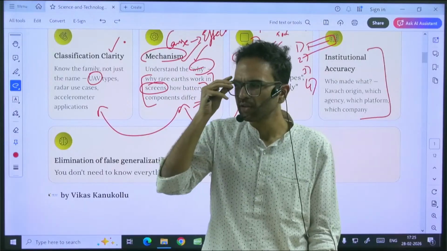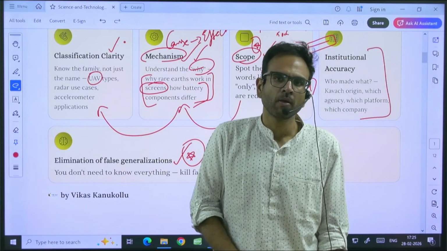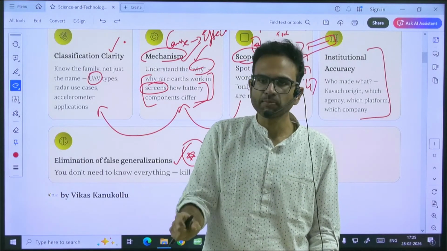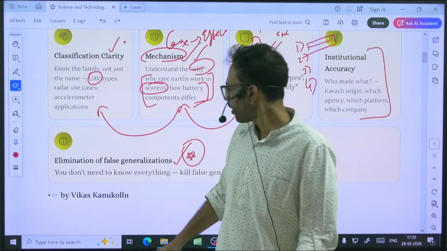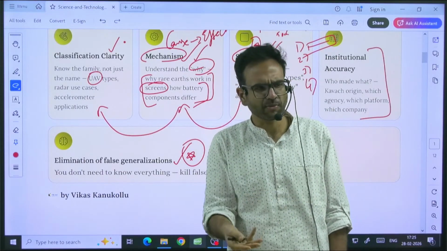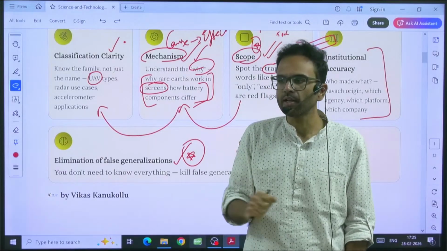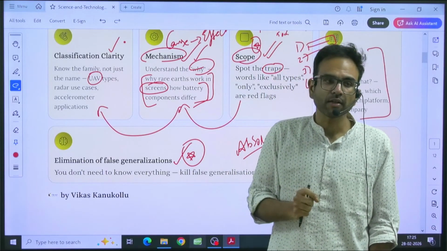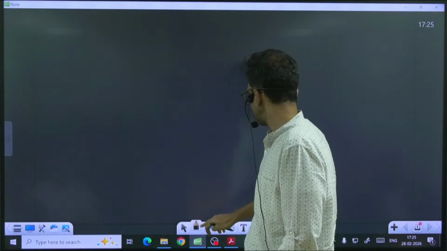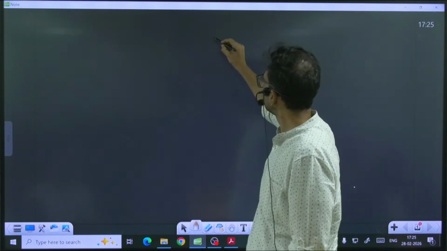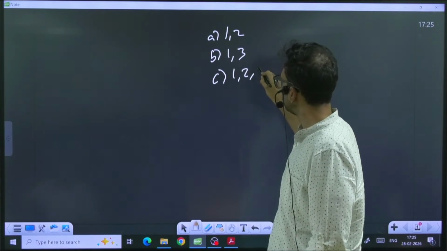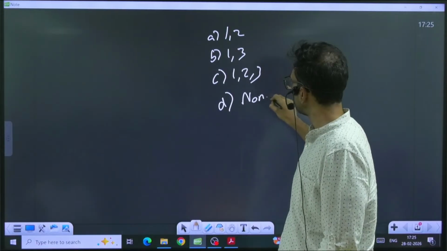Fine. All of this, maybe most of you will know. I'll tell you one more fact, and again, this is based on historical observation. Whenever you're talking about history, polity, geography, or all the conventional subjects which are not considered to be dynamic, you will notice the answer, let's say for example, if the options are like A, 1, 2, B, 1, 3, C, 1, 2, 3, D, none.